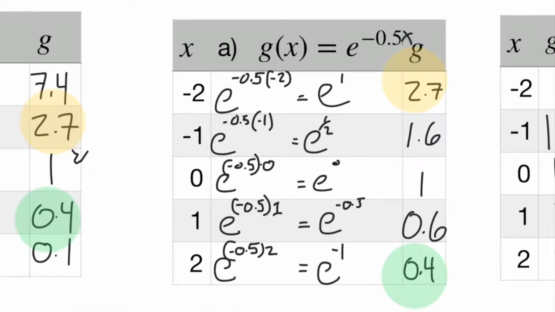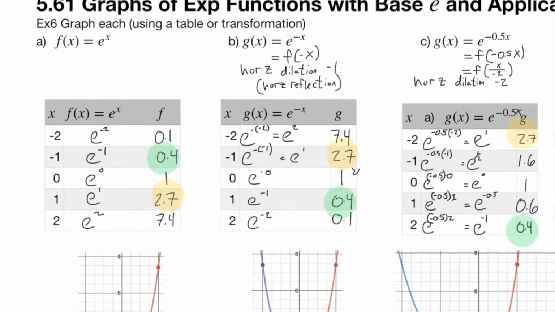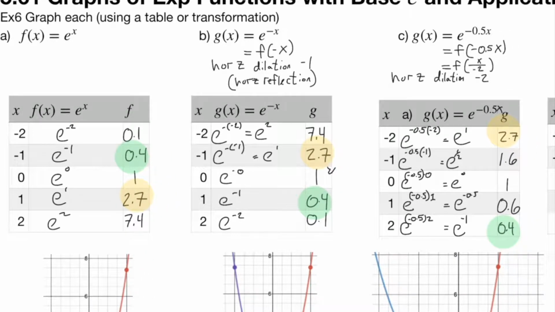So you can see that, compared to the parent function, the green dot and the yellow dot get spread out here. The yellow dot gets reflected so that 2.7 is up here and 0.4 is down here. All of the x values are twice as far away from 0 as they used to be, and they're also reflected over to the other side. So negative 2 times negative 0.5 becomes 1, and that's 2.7.